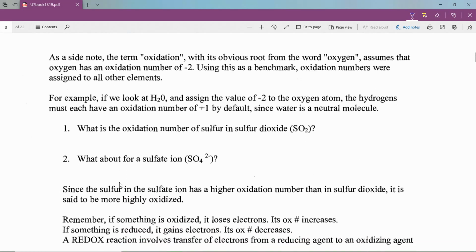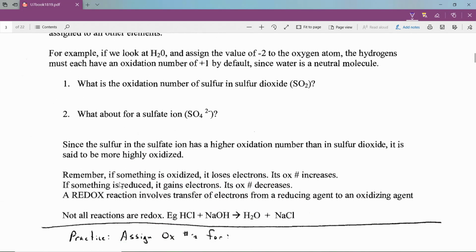Okay, here we have an example here. What's the oxidation number for sulfur in sulfur dioxide? So oxygen is -2, and then the sulfur would have to be +4. For sulfate, we just said that oxygen is -2, sulfur is +6. So sulfur is in a higher oxidation state in the sulfate anion than in sulfur dioxide.